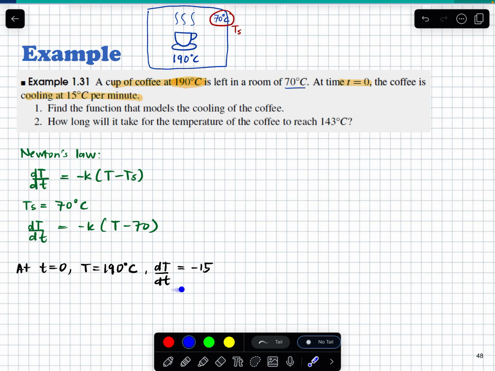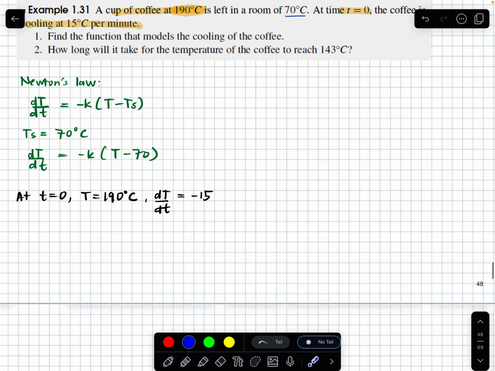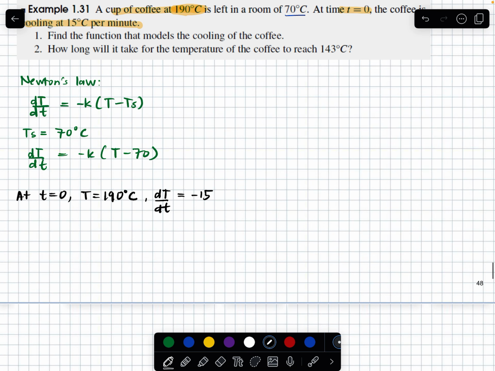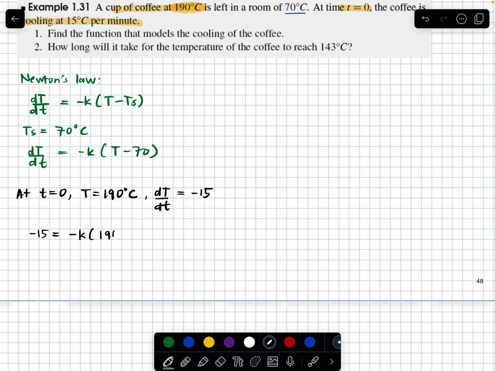So based on this information, we can rewrite this. We can use this equation: dT/dt, which is negative 15, equals negative k times 190 minus 70.